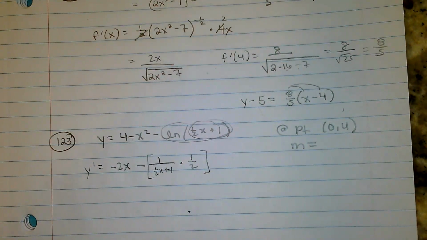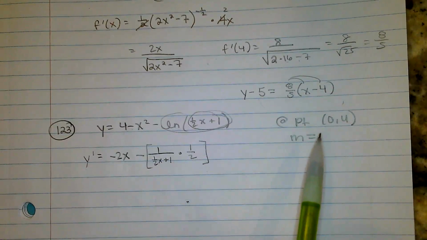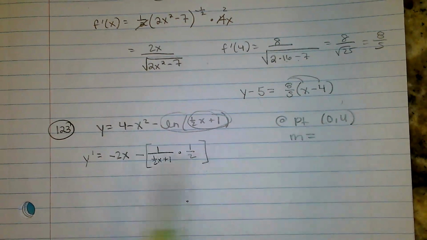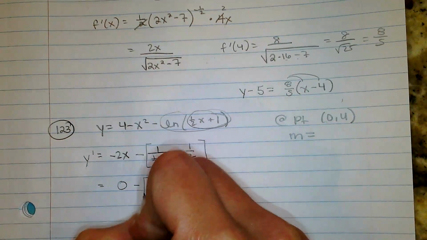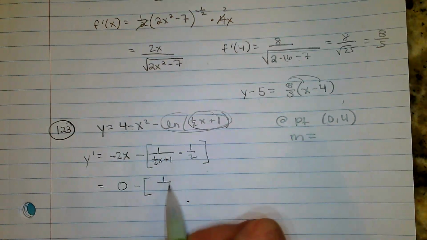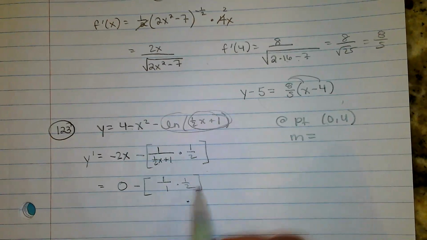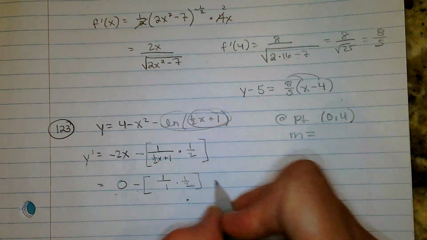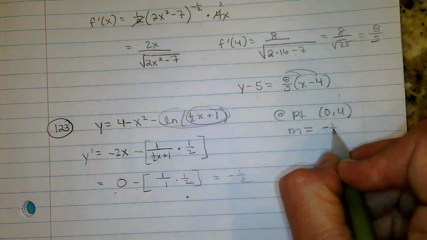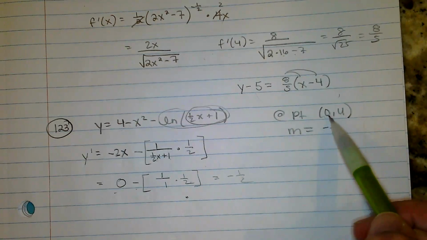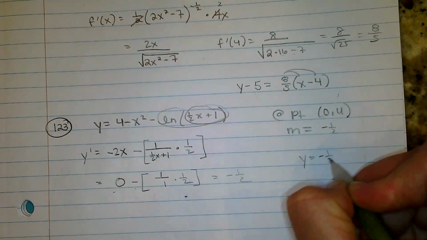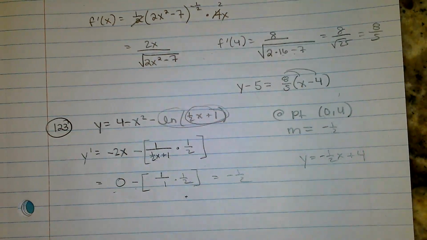You don't really need to clean these up because all we're after is the slope at 0, so you can just plug in 0, and you're going to get 0 minus 1 over 1 times 1/2. 0 minus 1/2 is negative 1/2, so your slope is negative 1/2, and then you go ahead and write the equation of your line with that. Actually, that's your slope and y-intercept 0, 4, so it's just y equals negative 1/2 x plus 4.